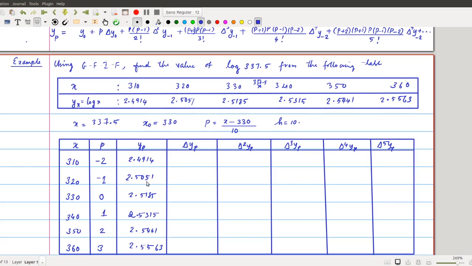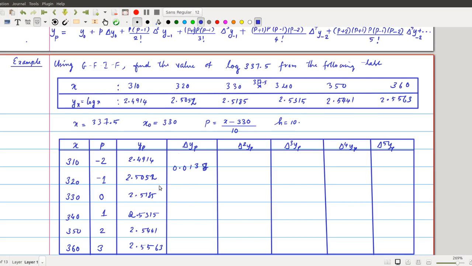So 2.5051 minus this is equal to 0.0137.